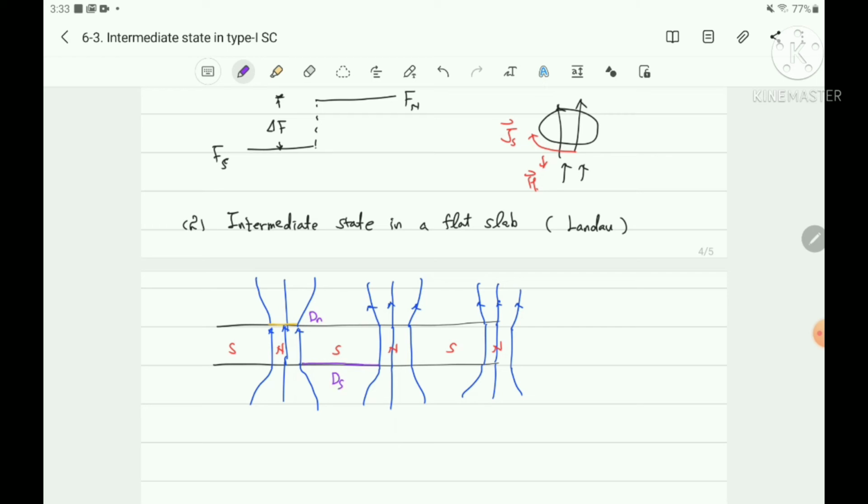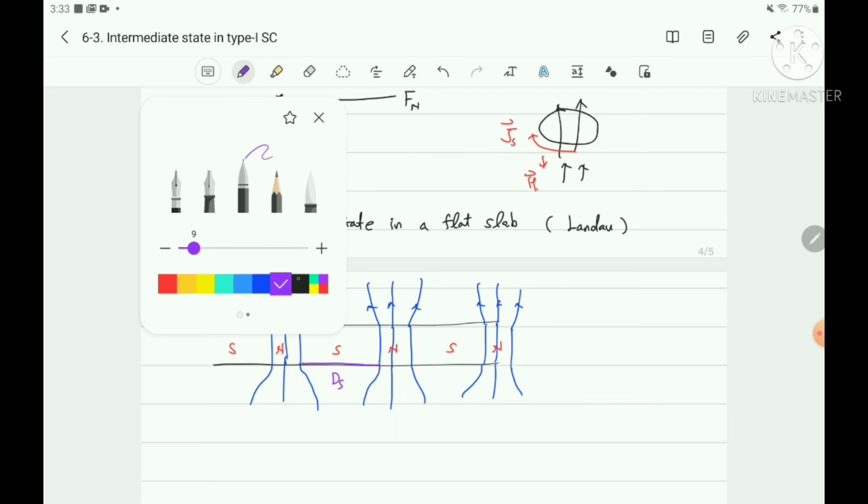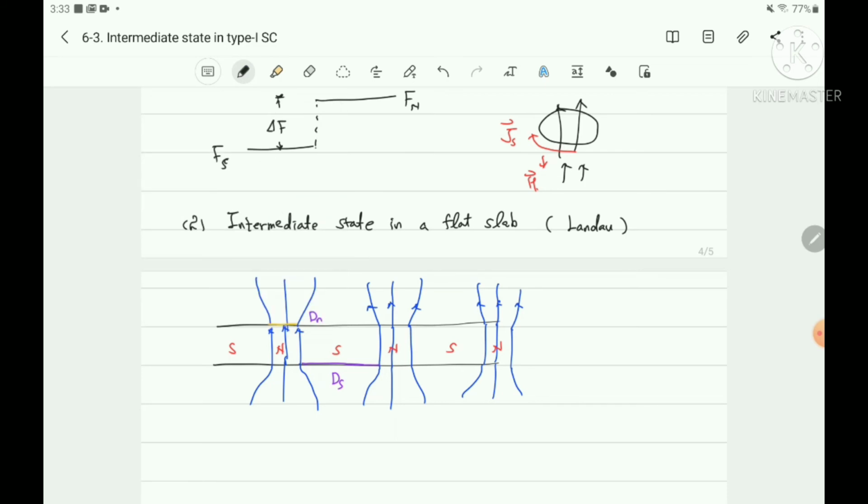There is a superconducting domain and normal state domains. And here the magnetic field, this is Hn, the normal state magnetic field, and here Ba is the outside magnetic field. D is the sample thickness.